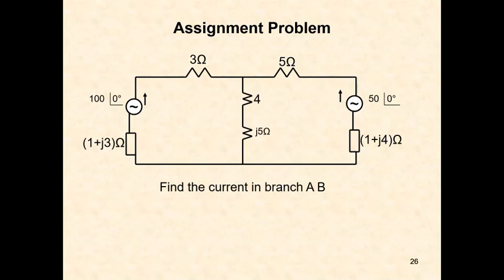Find the current through 4 plus J5. It is the same case as the last problem, so you solve it and take down this problem.